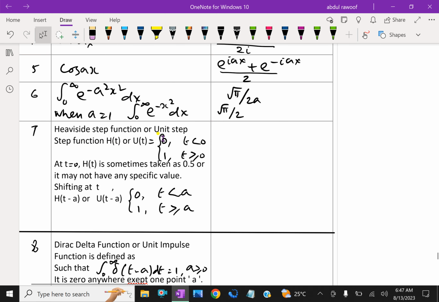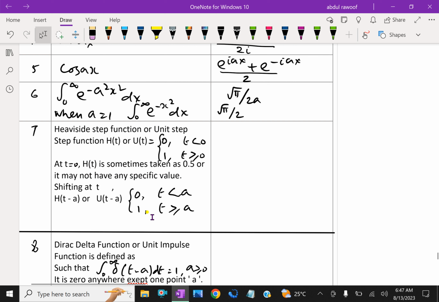Heaviside step function or unit step function h of t or u of t is 0 when t is less than 0, and equals 1 when t is greater than or equal to 0. At t equals 0, h of t is sometimes taken as 0.5 or it may not have any specific value.